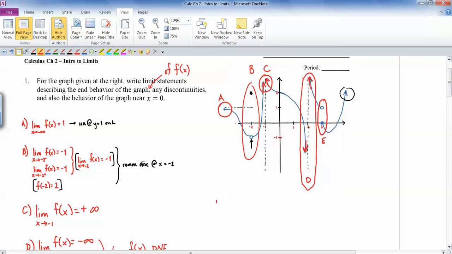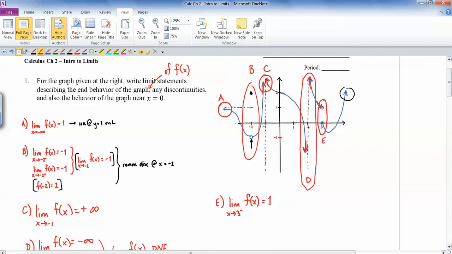So in E, we've got the limit coming from the left side around 3 is a y value of 1. So the limit as x goes to 3 from the left side of f of x is going to be 1.